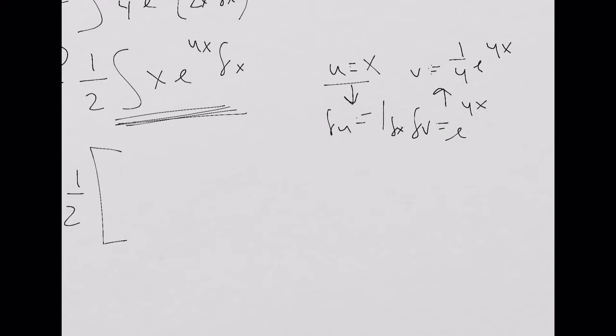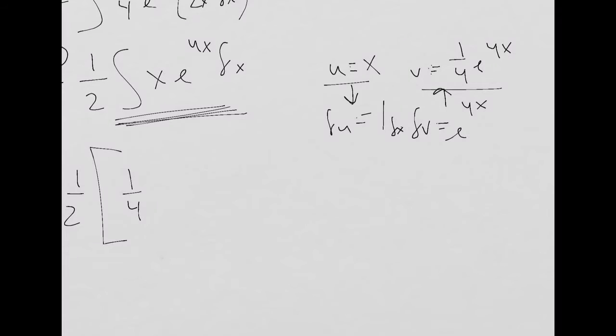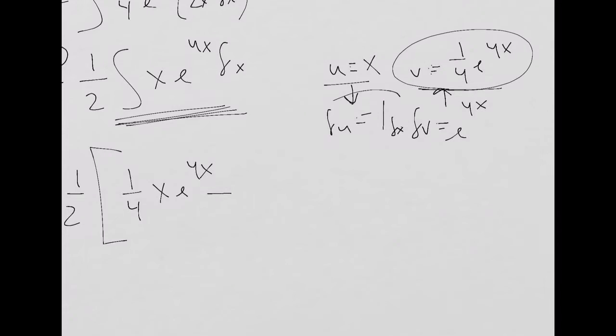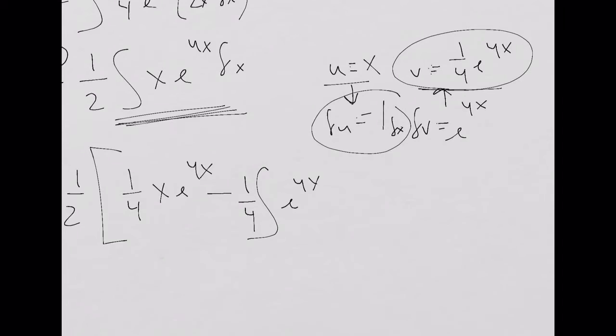So u times v will give me a 1/4 x e to the 4x minus the integral of my v times du. Nicely it's a 1, so I just have the integral, the 1/4 I can pull out, of e to the 4x dx.